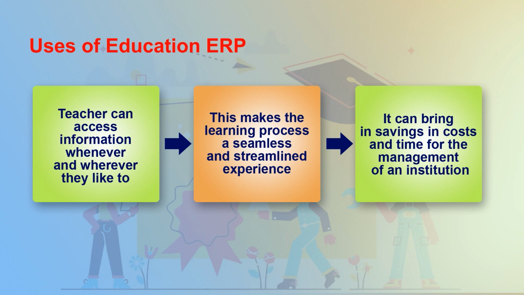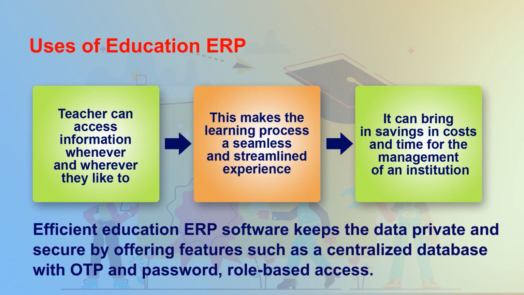It is very difficult to maintain 100% data security and management using manual work process, but efficient ERP software keeps the data private and secure by offering features such as a centralized database with OTP and password, role-based access, etc. Hence, in this digital era, an ERP is not optional but essential.